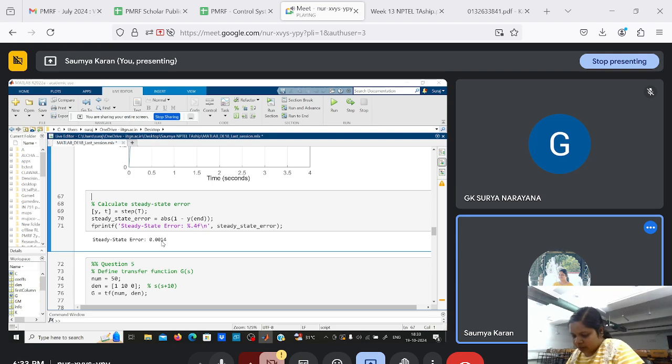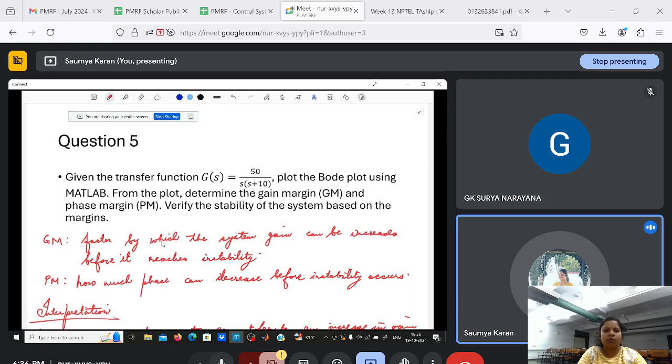Now, after you know all of this, we'll see this question. So we want to plot the Bode plot, and we want to see what are the gain margins and phase margins, etc. So this is your code in which we have defined numerator and denominator. We have written transfer function, found out the transfer function only. Then in figure, we will plot the Bode plot.